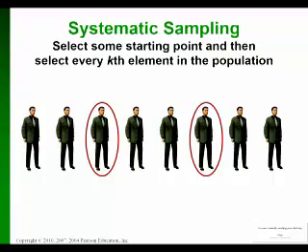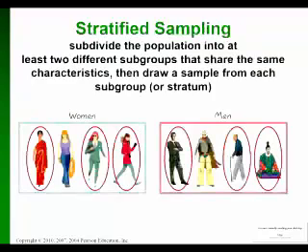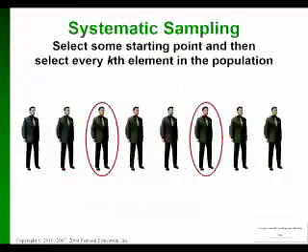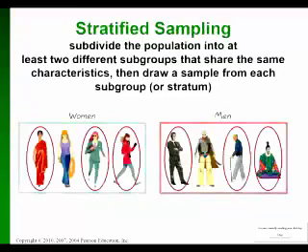Stratified: the two that are easiest to get confused are stratified and cluster because both of them involve groups. If you take a population and divide it into groups, and then you sample some from every group, that's stratified.